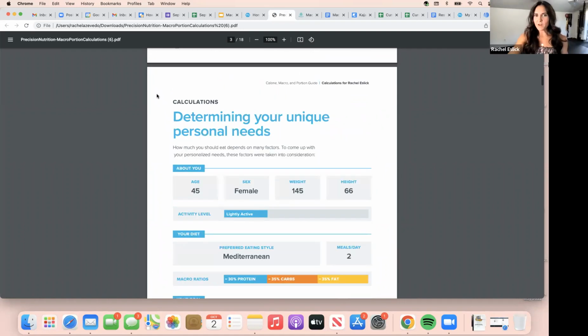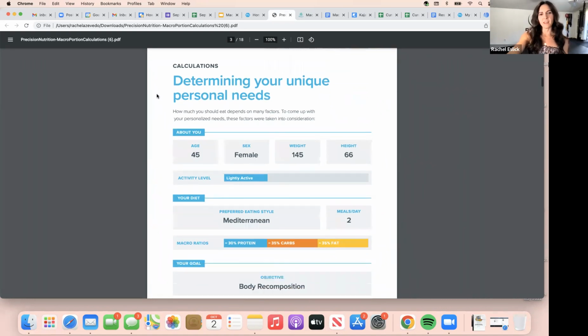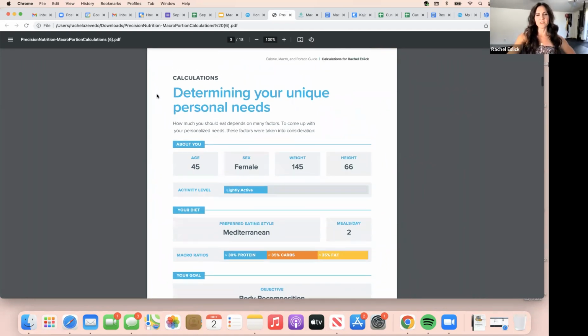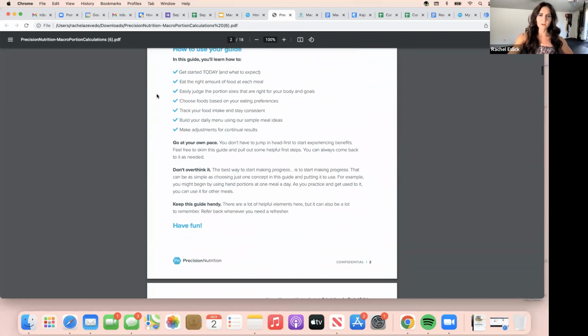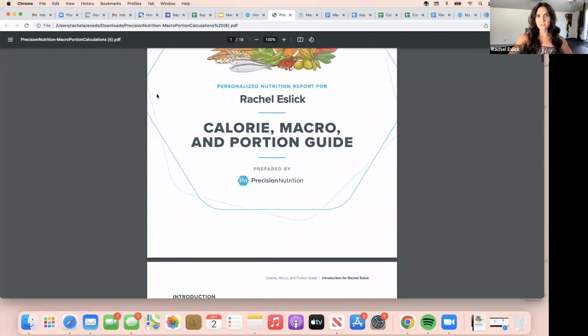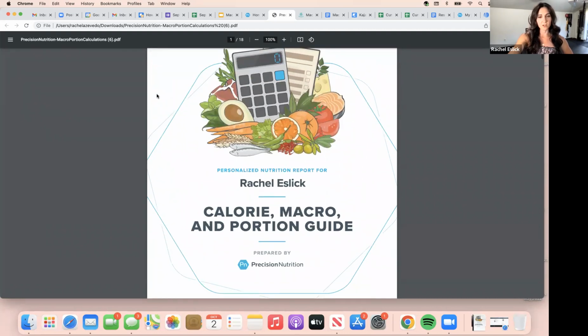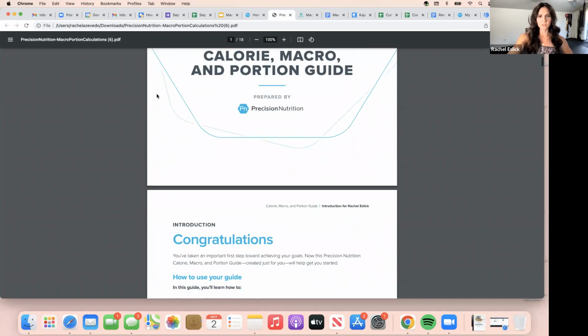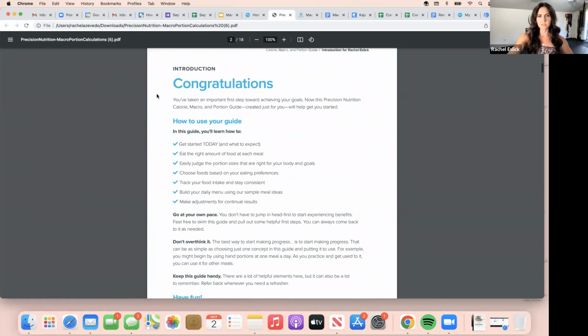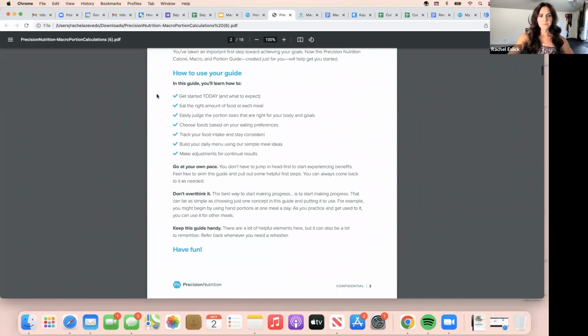I weigh 145 pounds too, and I don't think I put Mediterranean though. I usually just do anything for me. But this is what you guys are going to get. So I just want to briefly run through this. It's typically a 17-page document, and this is all stuff you can do for yourselves. You can print it out or save it wherever.